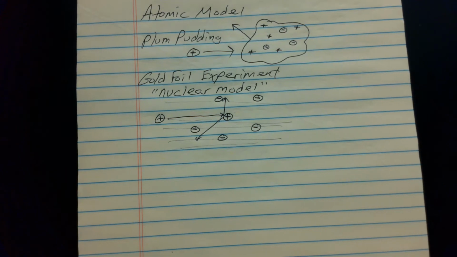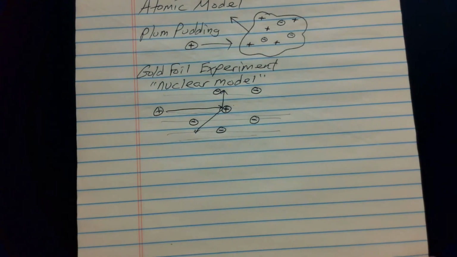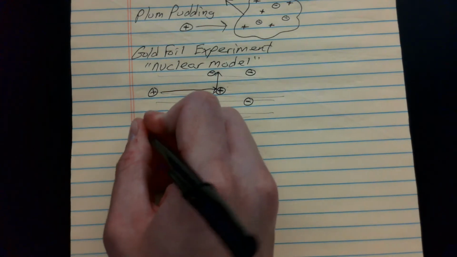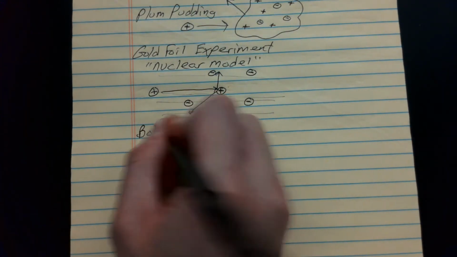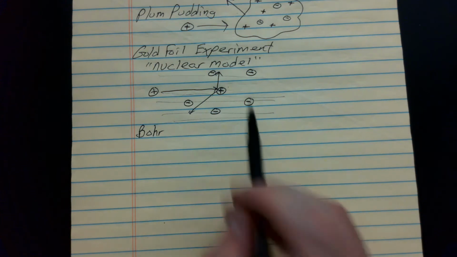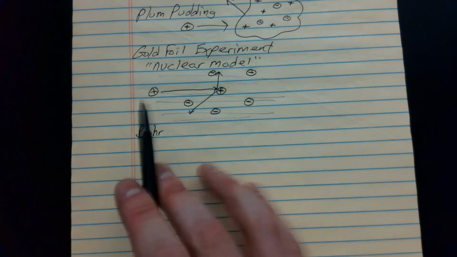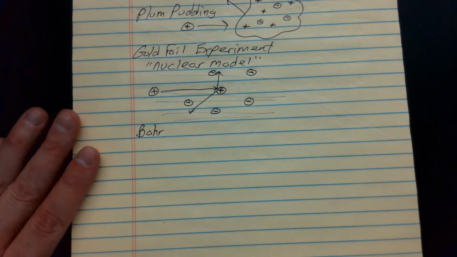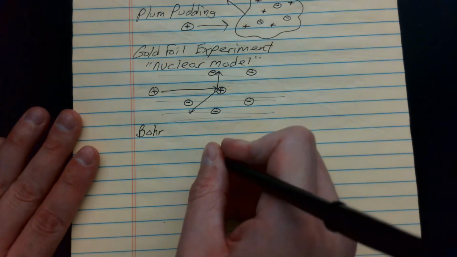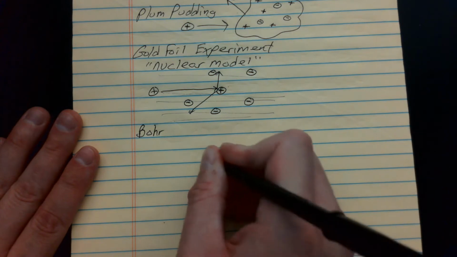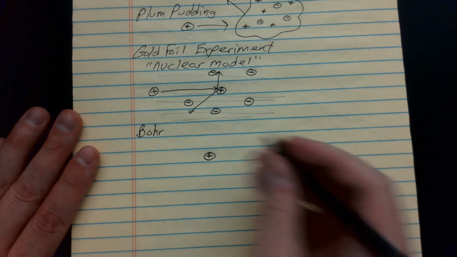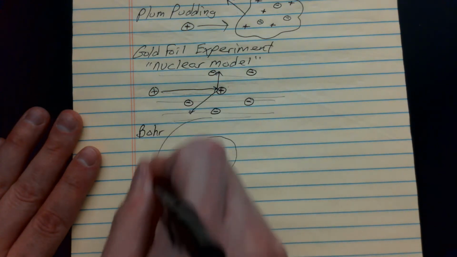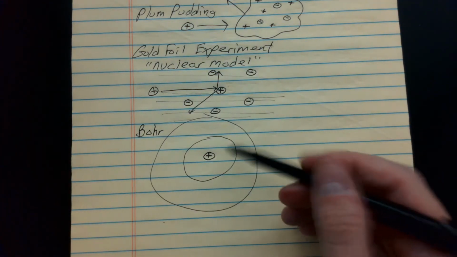All right, then Bohr came along, and Bohr found out that there were energy levels. So it's not like these electrons are just running around doing whatever they want. They actually have energy levels, meaning you have your positively charged proton in the middle, and then there are these rings around it, and the electrons stay in these rings.